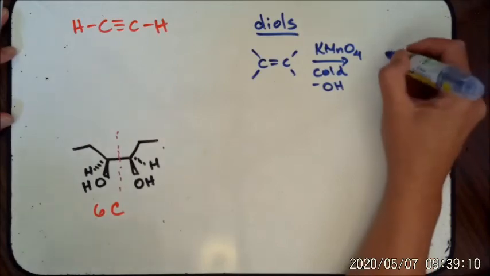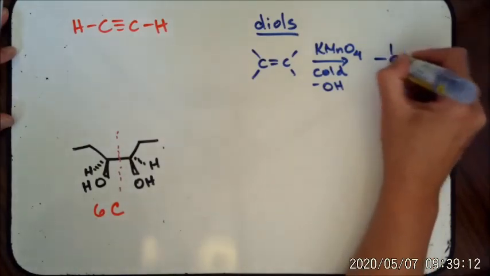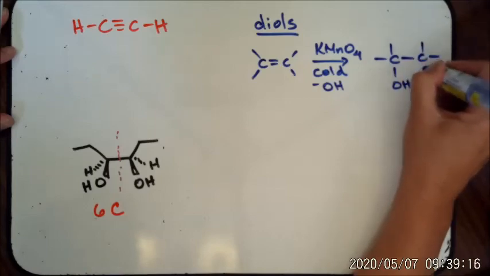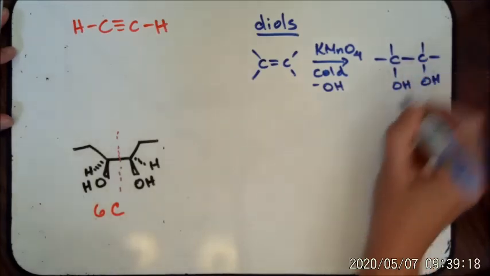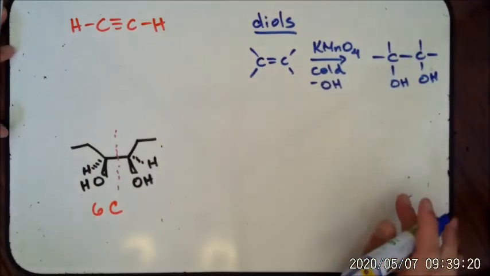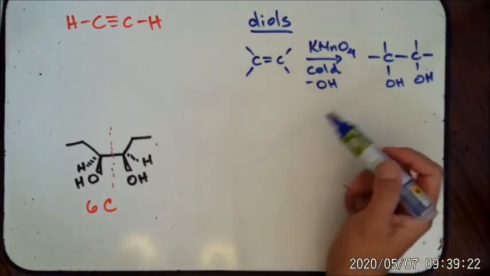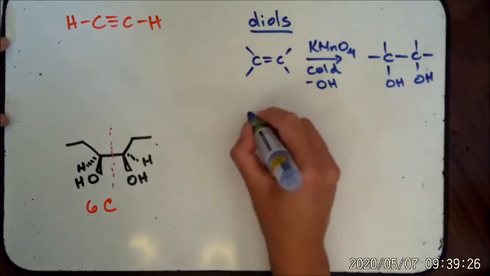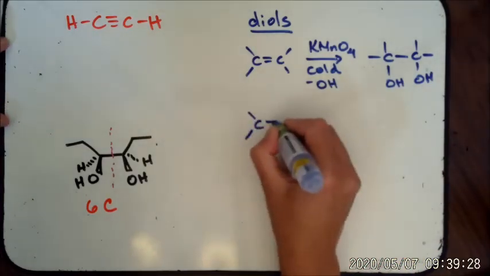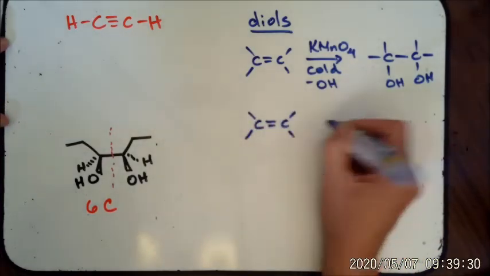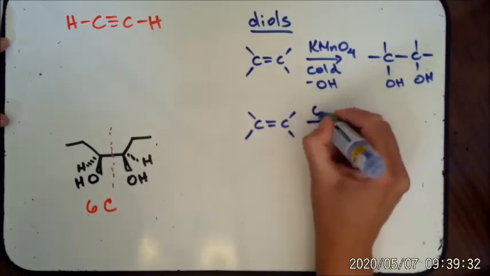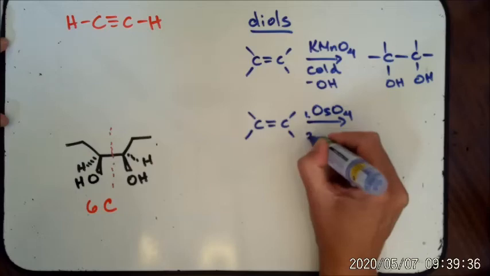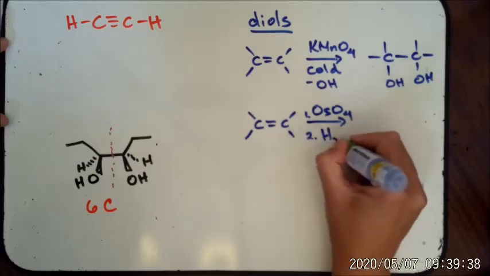Make sure it's dilute, and you can make a diol. If it were concentrated and warm, you would cleave the bond, right? Now, how else can we make a diol? You can make a diol using osmium tetroxide followed by hydrogen peroxide.